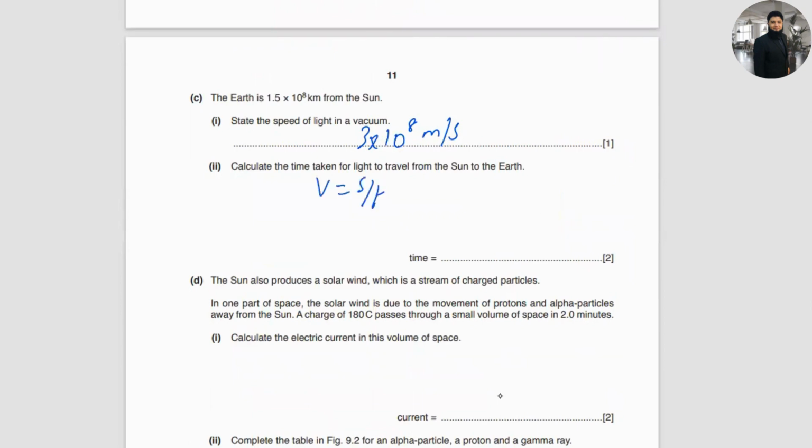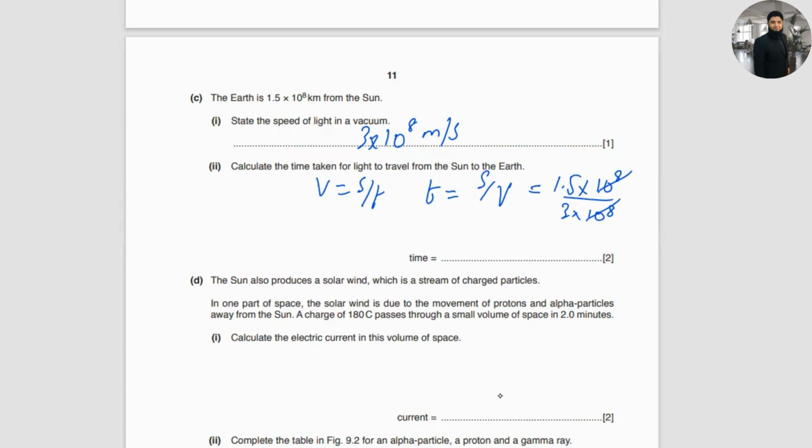So v is equal to s over t is the formula, and we have to find out t. So t is equal to s over v. So 10 raised to the power 8, and v is 3 multiplied by 10 raised to the power 8. Cancel. So 1.5 divided by 3 is the time that is taken by the light to travel from sun to the earth.